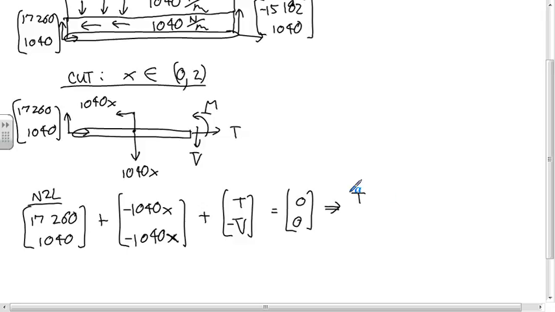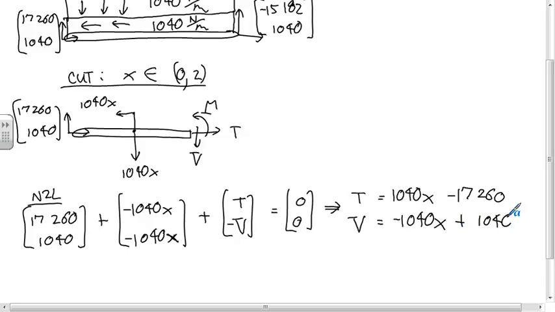And so t is equal to positive 1040x minus 17,260. And v is equal to negative 1040x plus 1040.